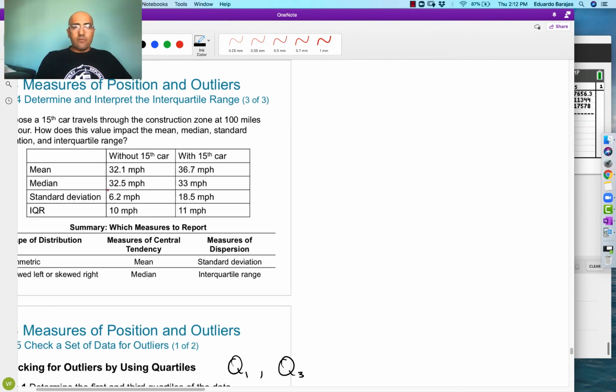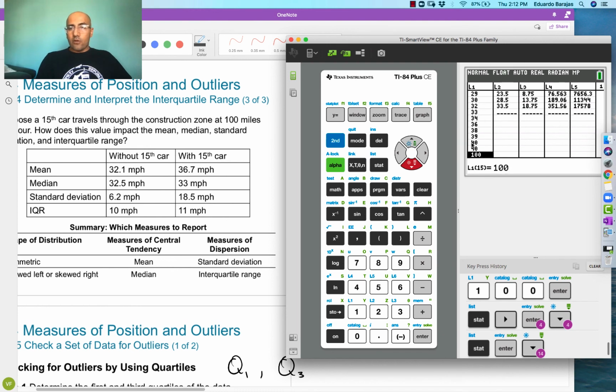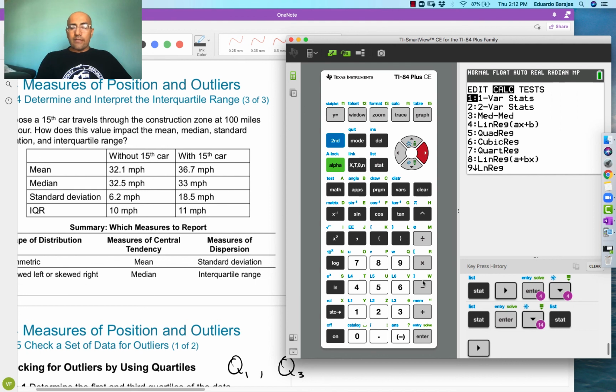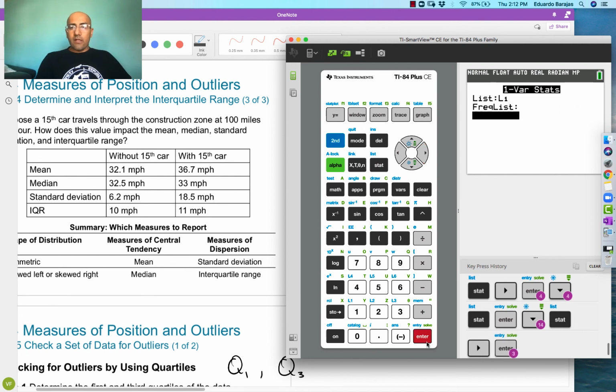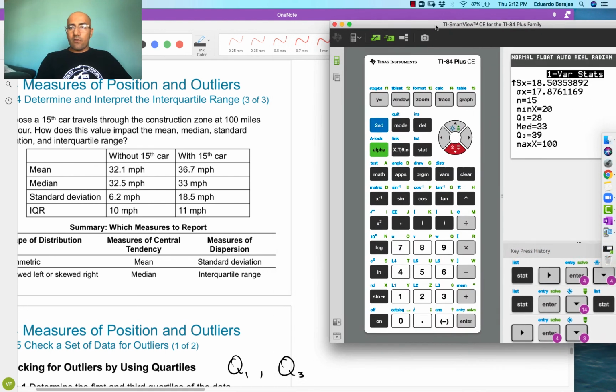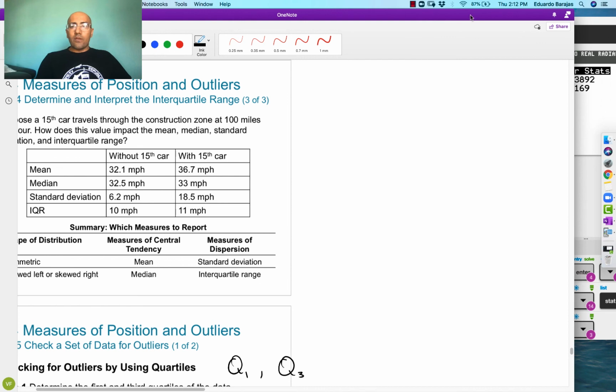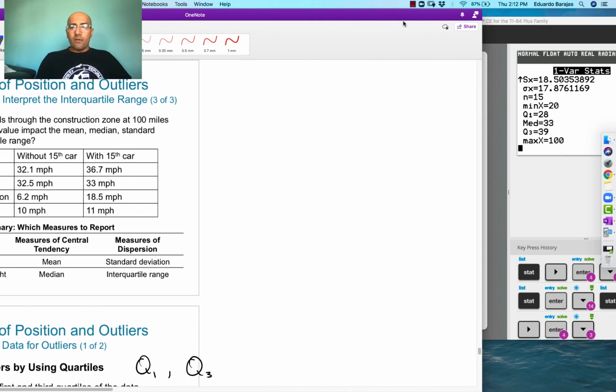Looking at my calculator, including the 100, I can go to Stat, Calculate, One Variable Statistics, L1, Enter. Here are my results. That's when we include the 100. So now let's find the things I need.